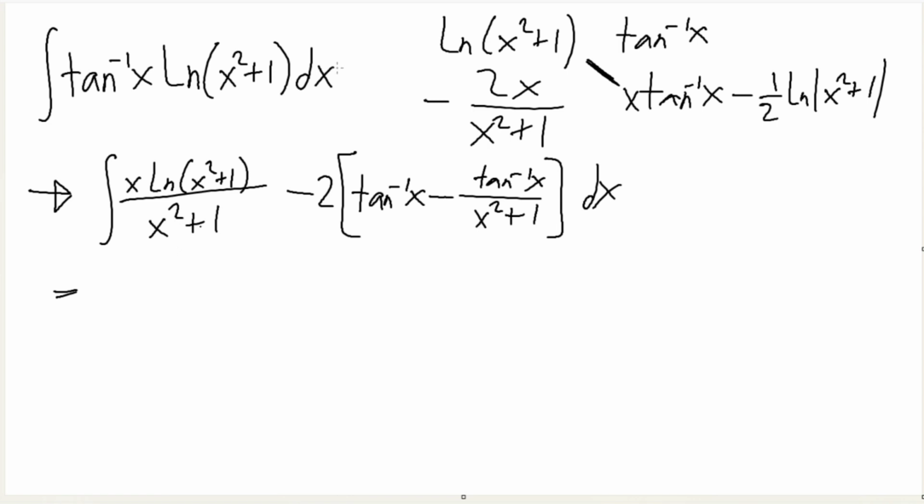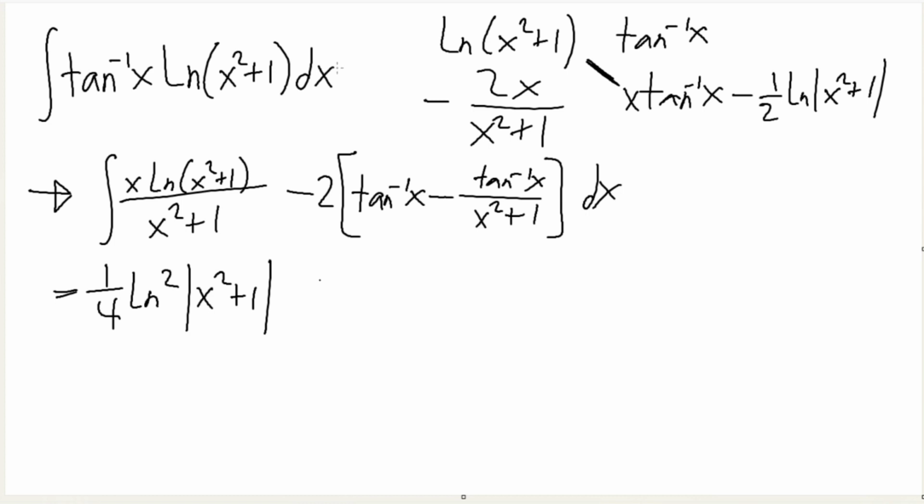Half, let u equal x squared plus 1. And then, let's see. Well, technically you can let u equal ln of x squared plus 1. And then you'll get u squared over a half. So this is 1/4 of ln squared of x squared plus 1.